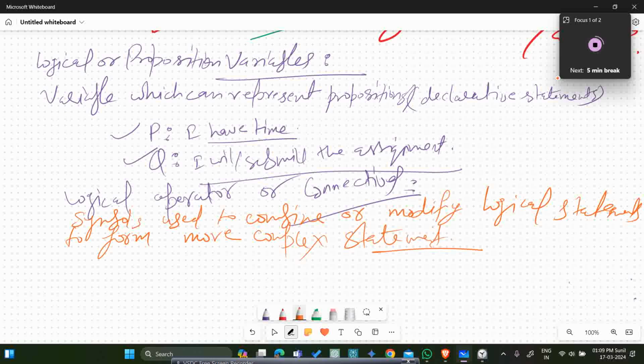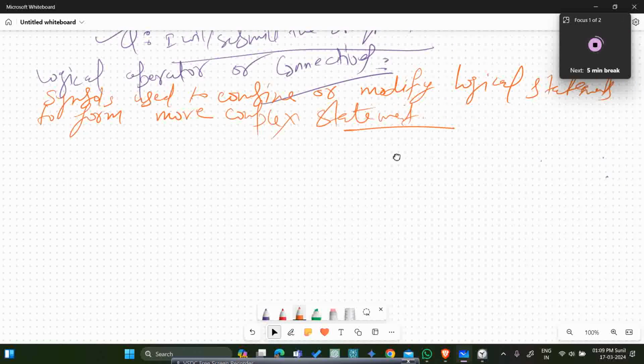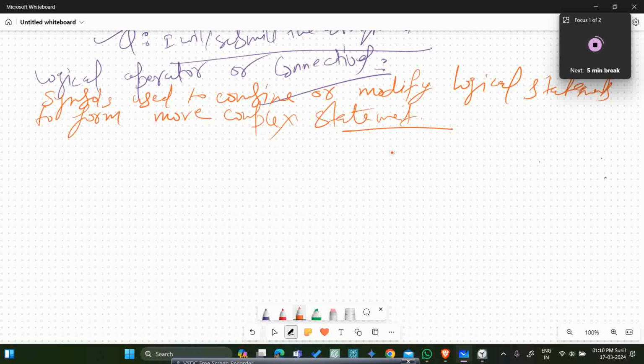So two or more statements are combined to form more complex statements by logical operators, or we can say connectives also. So what are the types of logical operators or connectives here? Types we can discuss.